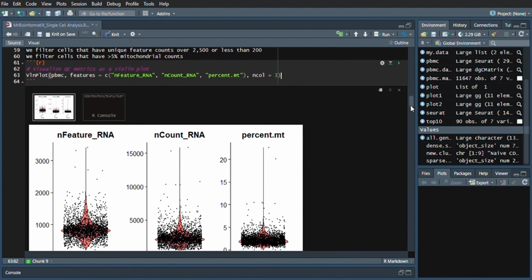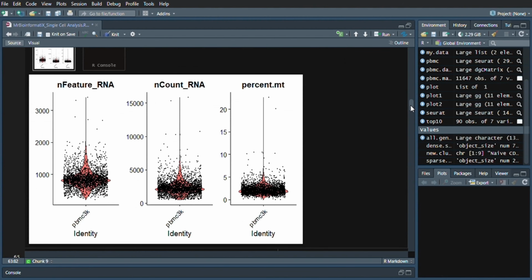And here we have it. We got our plots. We have the nFeature_RNA plot, nCount_RNA, and percent.mt, or mitochondrial. For example here, nFeature_RNA displays the distribution of unique gene counts across all cells. The y-axis represents the number of unique genes detected, for example 1,000, 2,000, and 3,000.